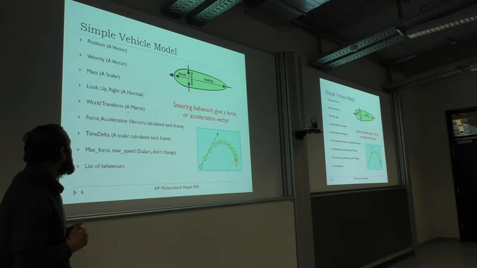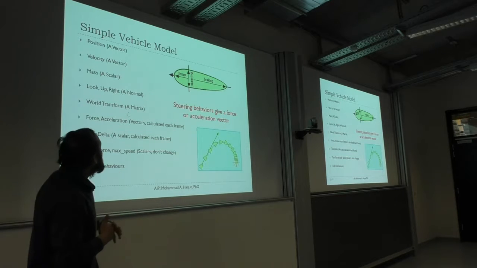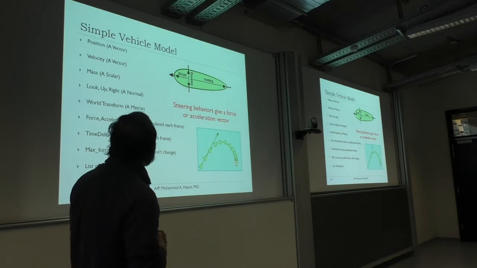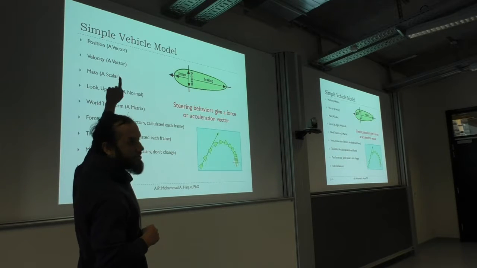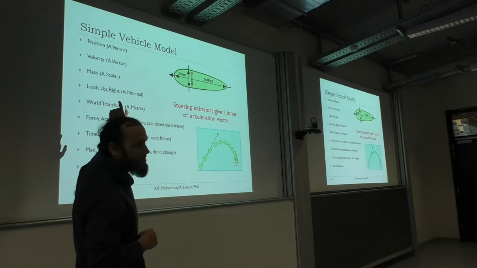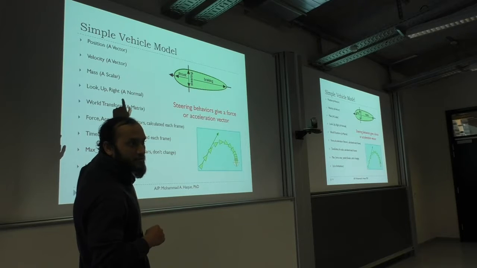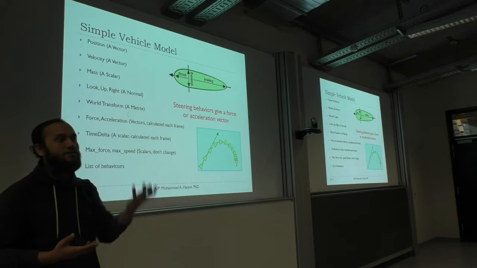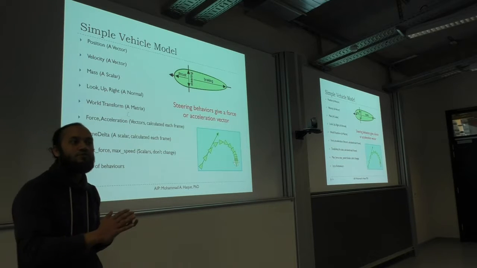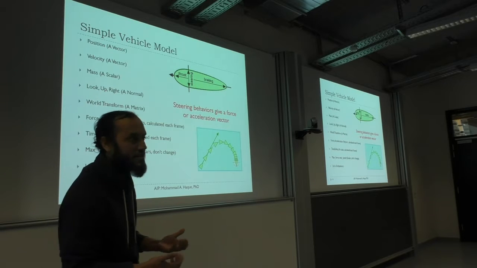How can we do that? We can have multiple variables. For example, the vehicle can have a current position, it can have velocity, it can have mass. Based on mass and force, you can calculate the velocity, because if the mass is high and the force is low, the velocity will be less.